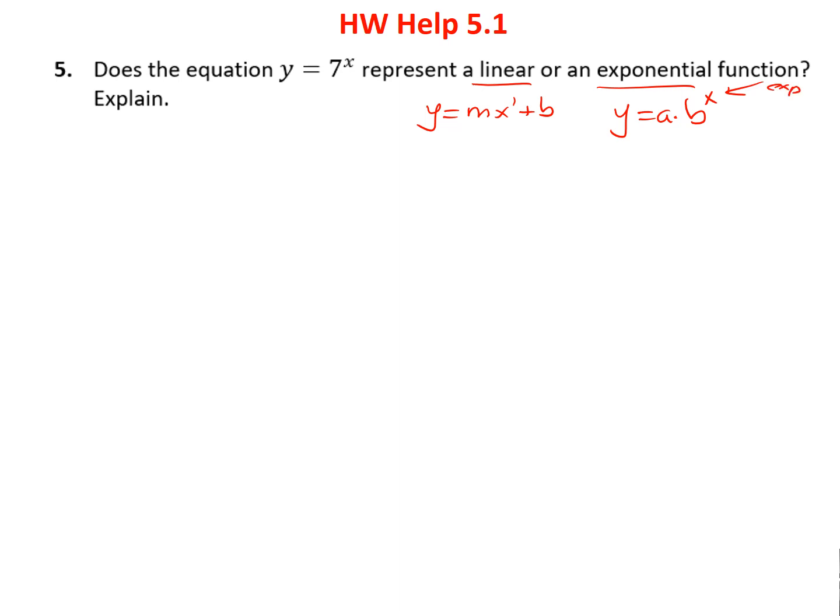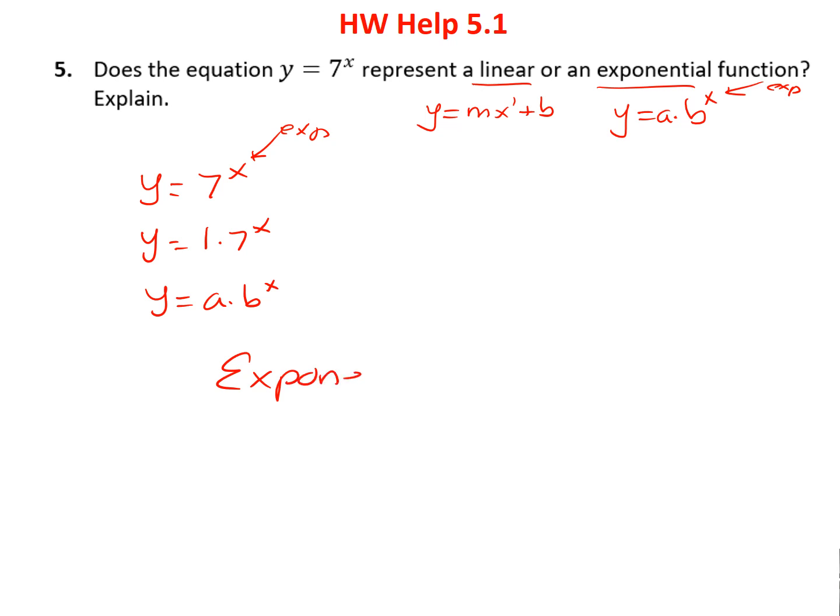So when I look at this equation, y equals 7 to the x, it looks more like this one. I could write it as 1 times 7 to the x, and you can see it matches up with a times b to the x. The key is x is in the exponent, and so this is an exponential function.